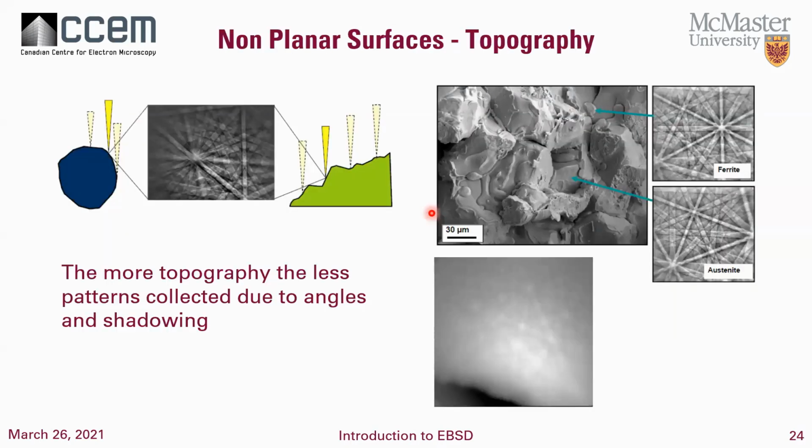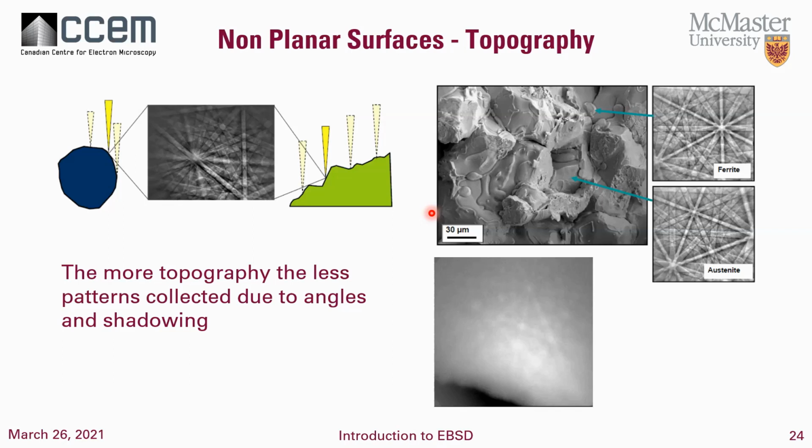Now, topography causes a problem when we're doing EBSD because the backscatter electrons basically have elastic collisions and interaction with the material.